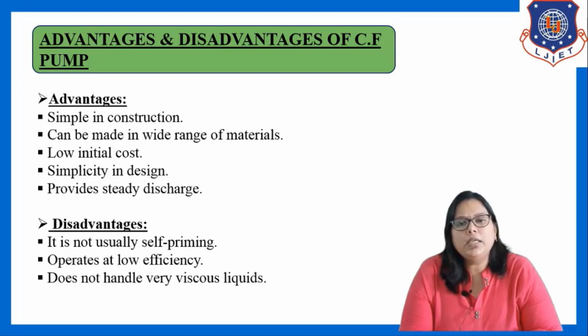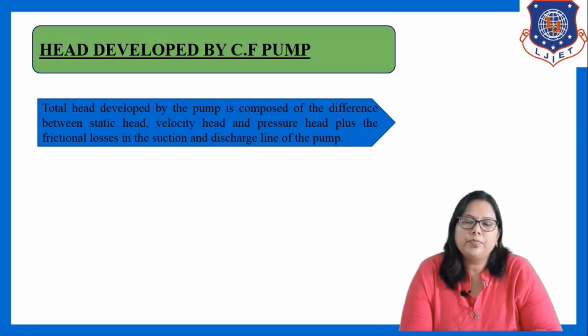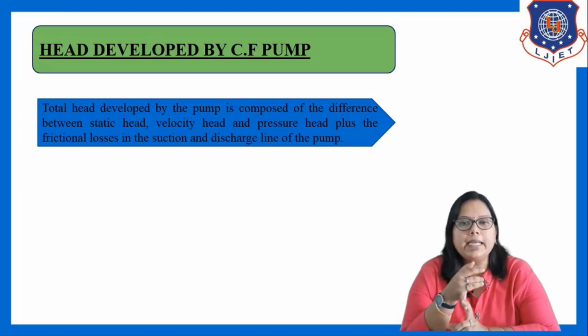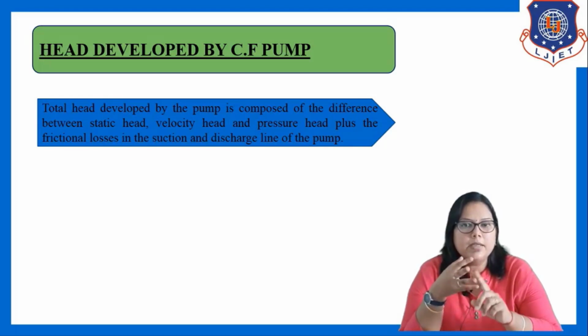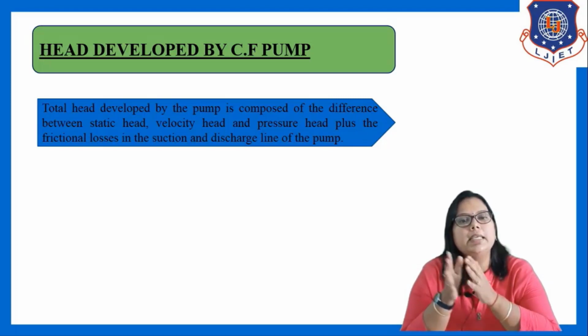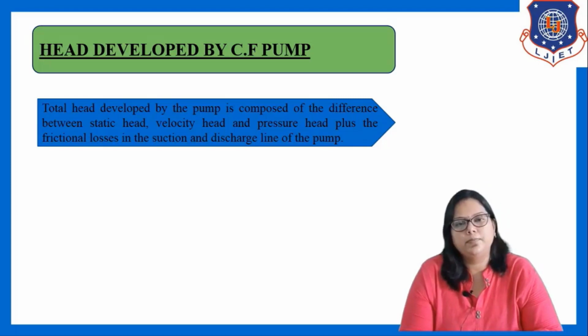Now the next topic related to the centrifugal pump is the head developed by the centrifugal pump. The head developed by a centrifugal pump is composed of the difference in static head, velocity head, and pressure head, plus the frictional losses in the suction and discharge lines of the pump.